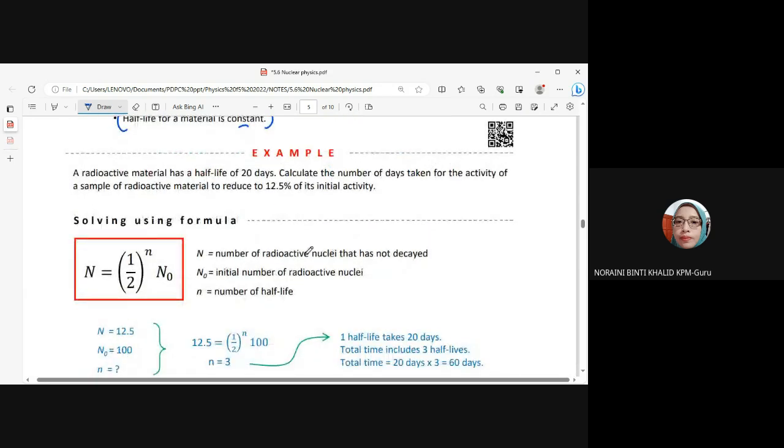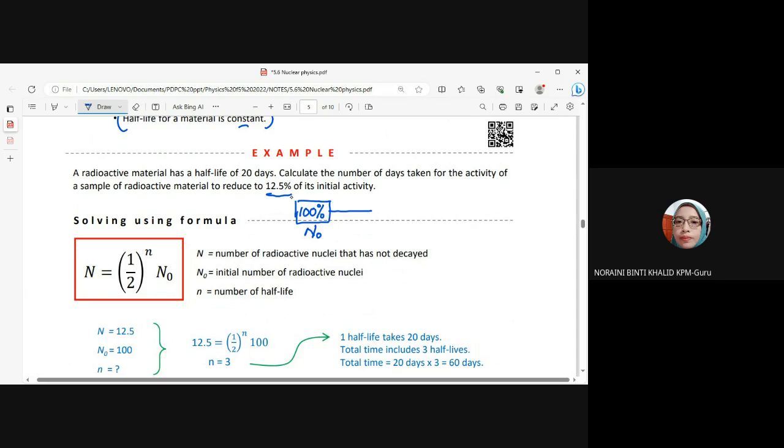Okay, example. A radioactive material has a half-life of 20 days. Calculate the number of days taken for the activity of a sample of radioactive material to reduce to 12.5% of its initial activity. There is a way we can use this technique. You can draw. If it uses percentage, initially it is 100%. This is initial, we use the symbol N0.